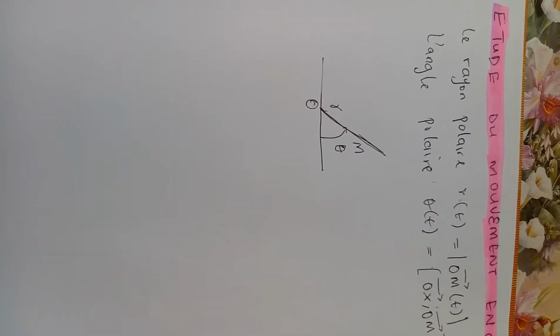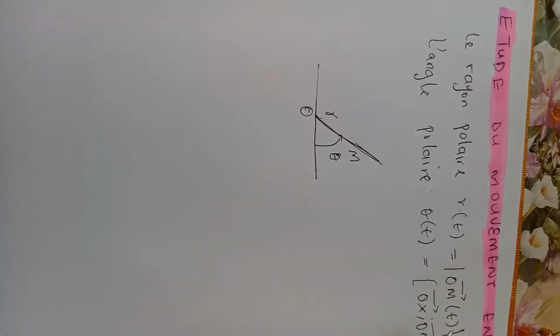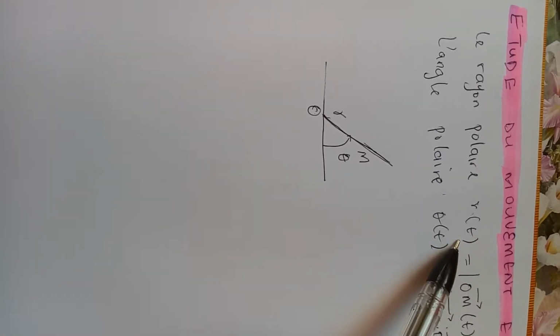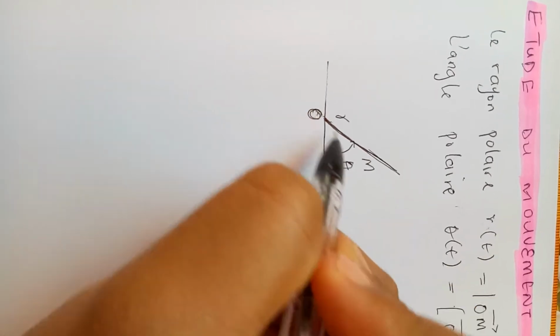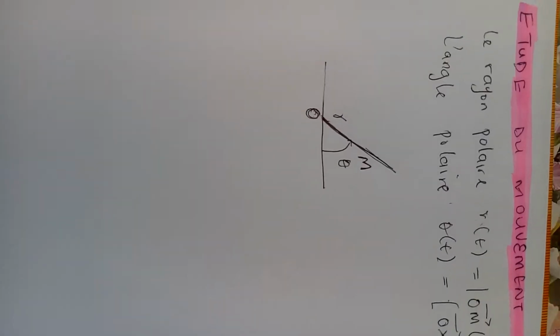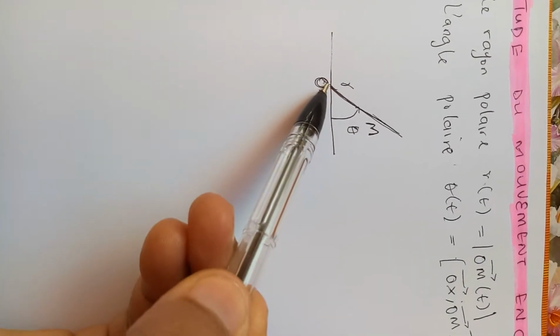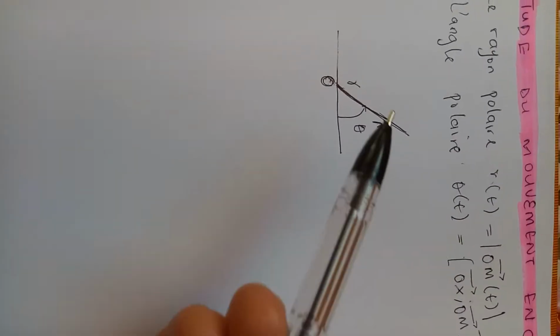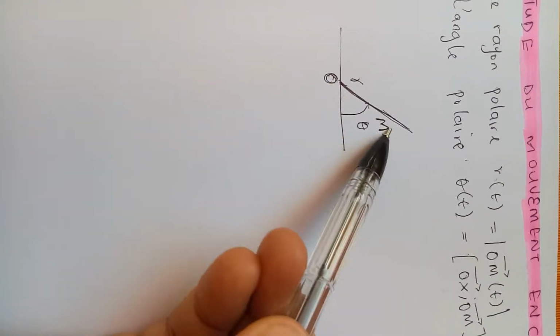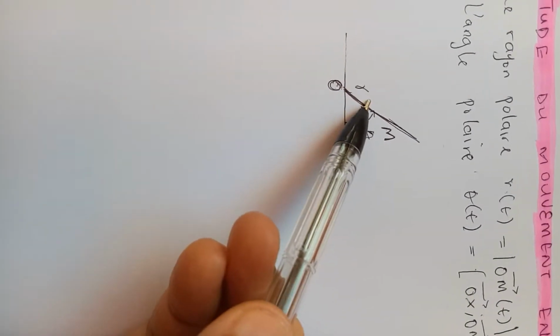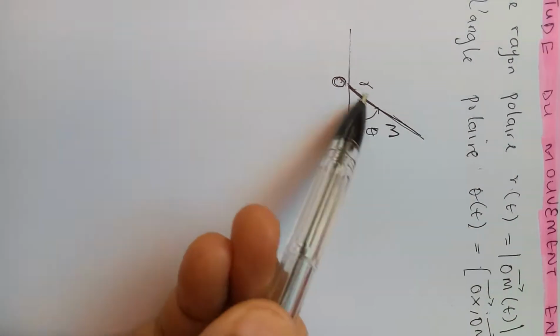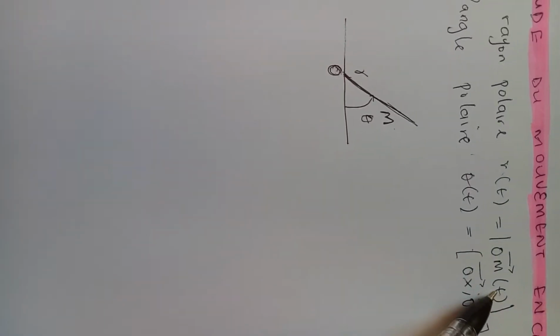For example, like I said, r(t). This is O, this is OM. Now r(t), if we're dealing with this in function of time, r is with OM, OM in function of t, I'm sorry.